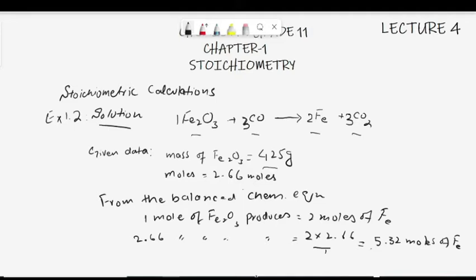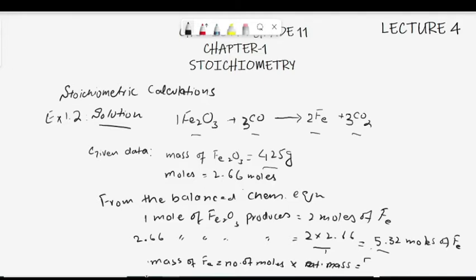The question says, what mass of iron can be formed from 425 grams of iron ore. So what we have to do now is convert this number of moles into the mass. Applying the same formula that we used for calculating the number of moles of iron oxide, you can rearrange it for the mass in grams. So mass of iron is equal to the number of moles multiplied by the atomic mass.